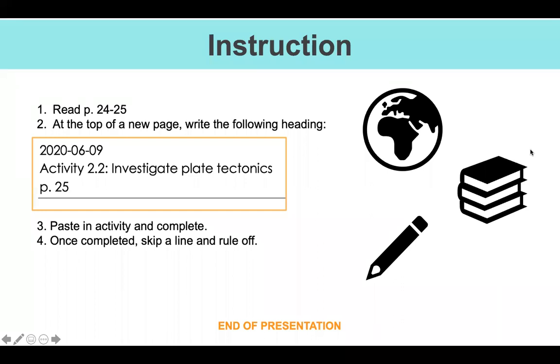So for today's activity, you have to read through pages 24 and 25. At the top of a new page, you must write the following heading as seen on the board. After you've done that, you can paste in the activity that your teacher has supplied you. It's a very straightforward activity. The first question, if I'm not mistaken, is the 3 sketches, and then just a few theory questions.